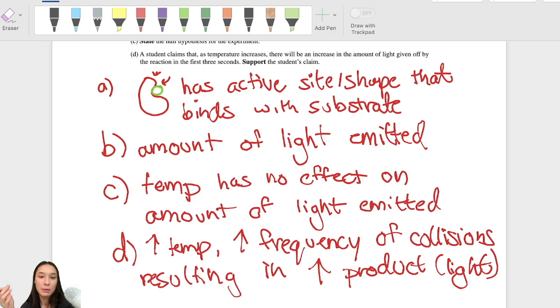Not the first one that typically would come to students' minds or my mind, but it is possible that maybe the active site is not in its proper shape at certain temperatures, and then when it increases in temperature, the active site becomes the proper shape, and then you can increase that. So what that would look like, I'm not going to write it down, but you could say that the higher temperature results in a change in active site that helps the substrate bind better. Okay, either one of those would work.